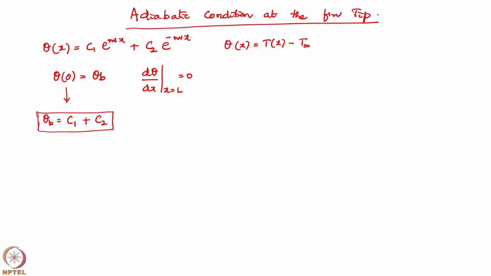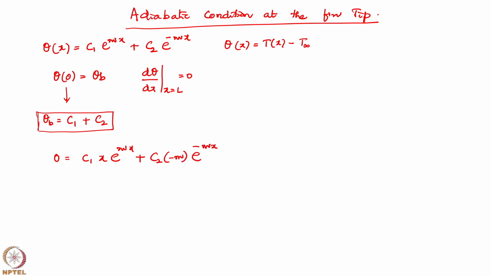The other equation: if you differentiate this, d theta by dx at x equal to L is 0, giving C1 m e to the power of mx plus C2 into minus m e to the power of minus mx.